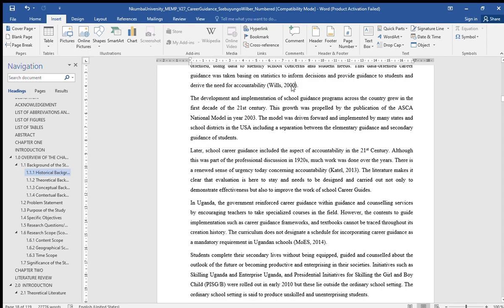Then they say, you just copied and pasted the citation there. We don't see it anywhere. We can't trace that source.